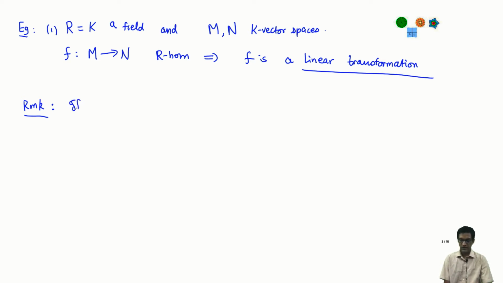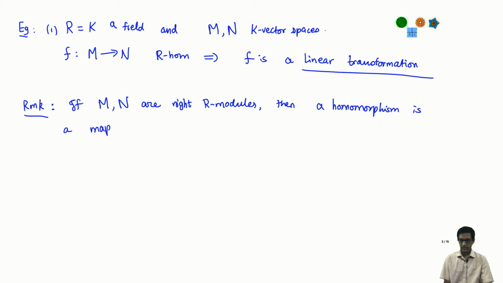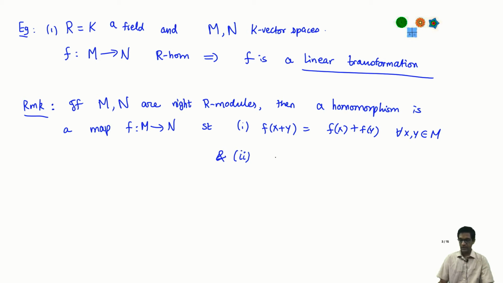So remark, if M and N are right R modules, then a homomorphism is a map such that it preserves addition as before, and it preserves the right scalar multiplication.